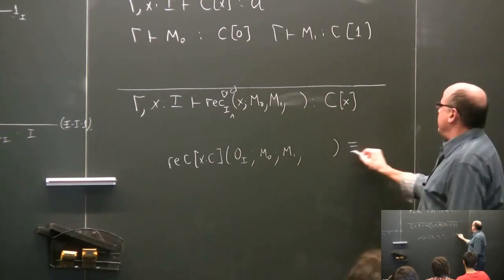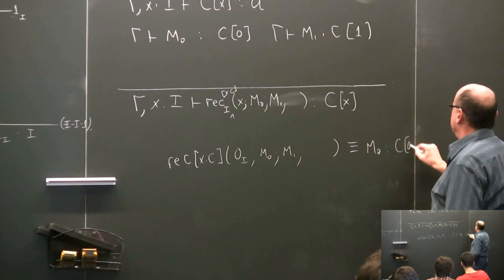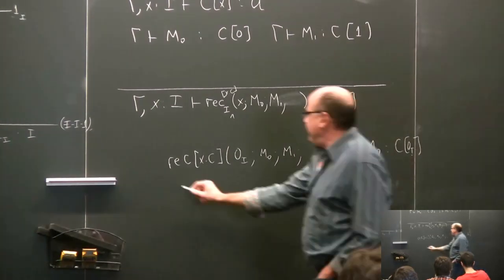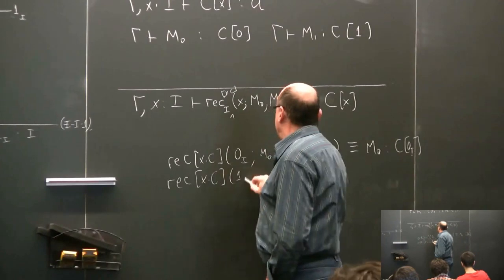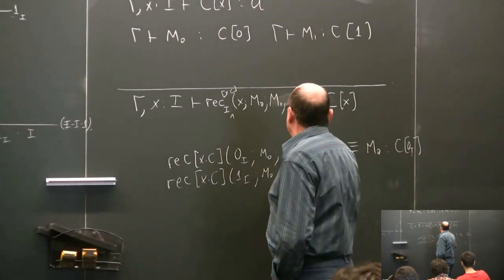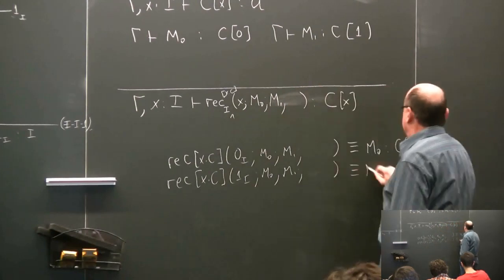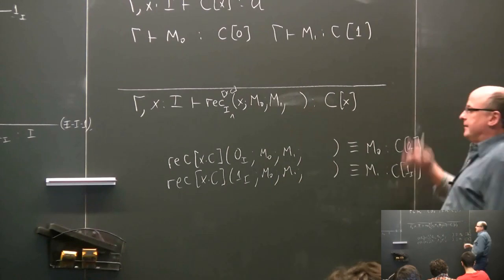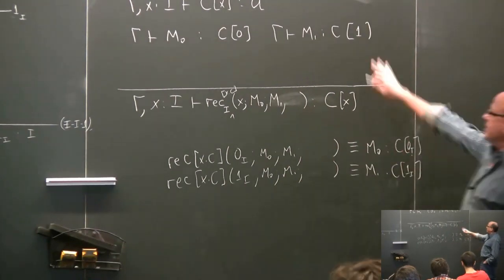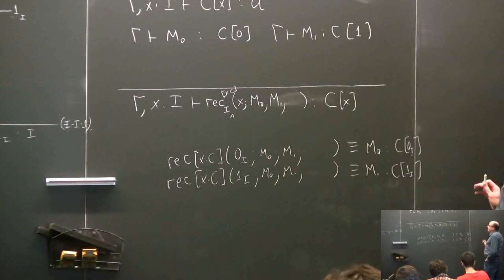You would say this is obviously m0, which will be c of 0, and then we'll have a similar thing, x dot c and 1i and m0 and m1, and we're going to fill some stuff in, but at the minimum it's going to be that, because this is like a Gentzen-like intuition about what we're doing.